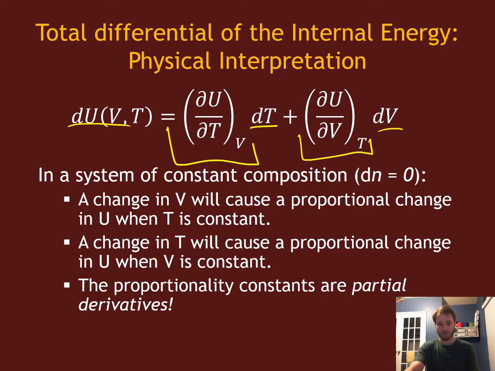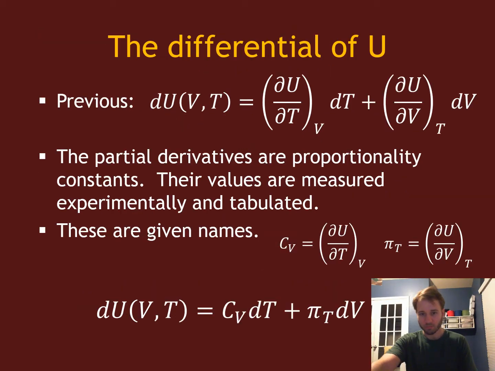If we recall, we've talked about what these are before. We spent a decent amount of time talking about heat capacity at constant volume, which is (del U/del T) at constant volume, and then we introduced the concept of internal pressure. Pi sub T is referred to as the internal pressure, the partial derivative of U with respect to volume at constant temperature.